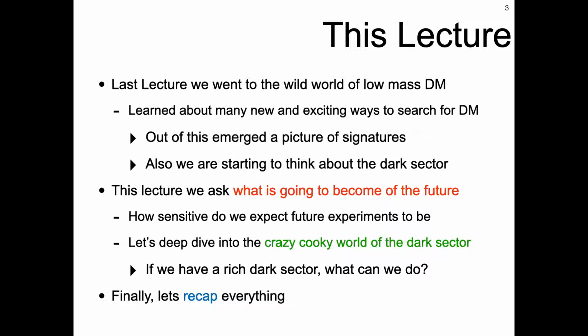In this lecture, we're going to keep going along this direction, and we'll also look at where the community as a whole at accelerators is going. We'll talk a lot about future experiments and some of the future analyses going on. All of these are going to tie into the fact that we're going to take the dark sector and make it crazier. We're going to give it more dynamics, and it's going to give us more handles to actually look for dark matter.